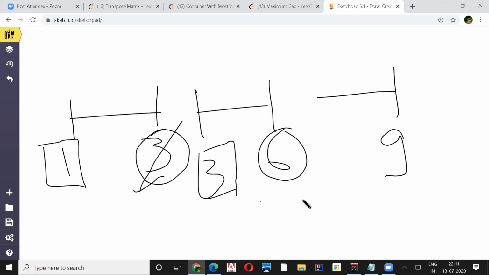Even if you say they are consecutive, it doesn't mean the start of one bucket and the previous max will have a gap of 1. It can be anything. In this case 6, and then we have 9, because we are creating the bucket size based on the minimum and maximum values inside that array, right? So it won't be very consecutive, because it might be bigger also. But in this case, the answer happened to be the bucket size, right? Yeah.